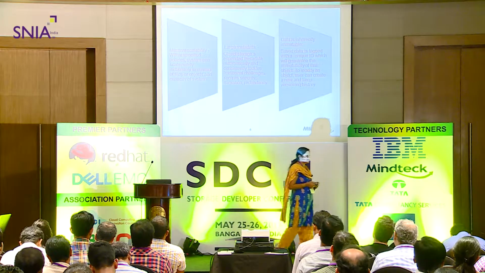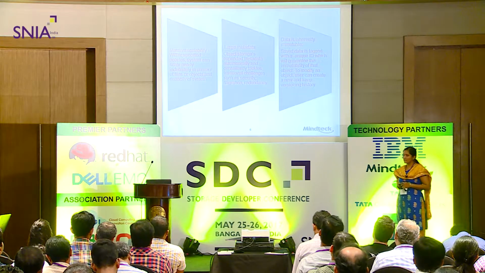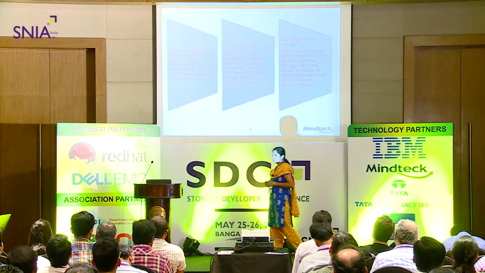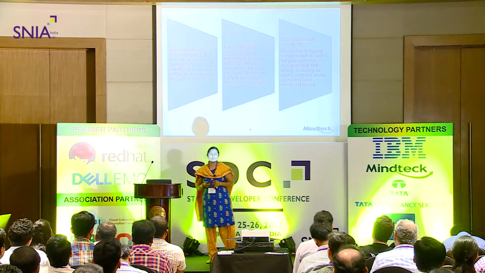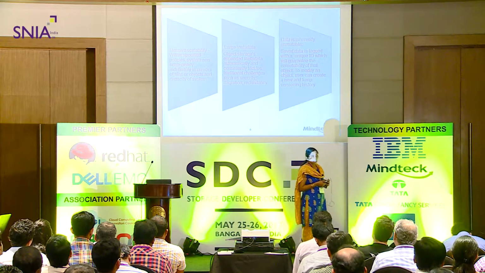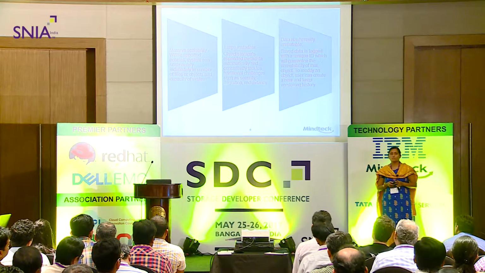There are various features with respect to object storage. One is massive scalability. If you want to increase the storage, we can always add more nodes and provide a good amount of storage, and this is going to scale up. So object storage provides a very good amount of scalability.